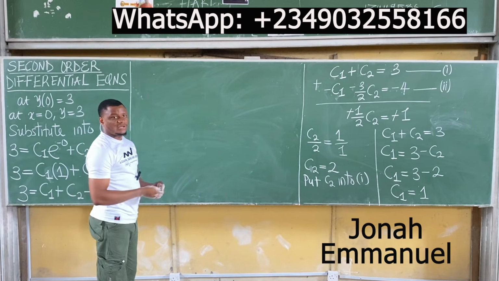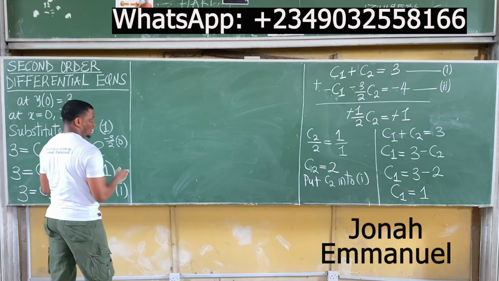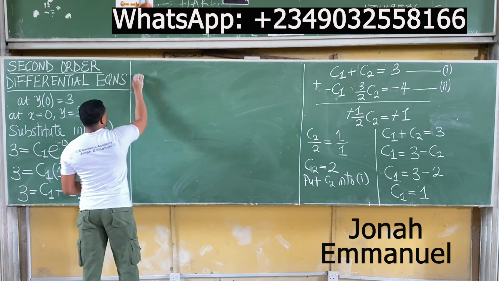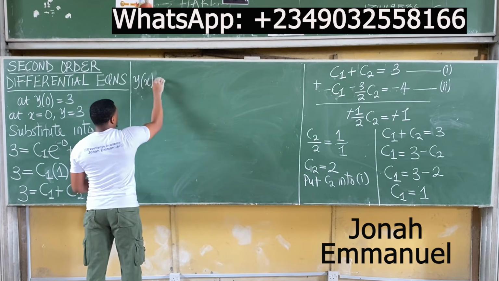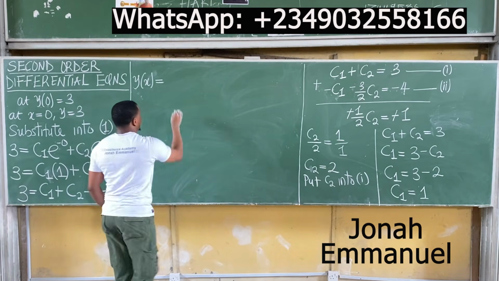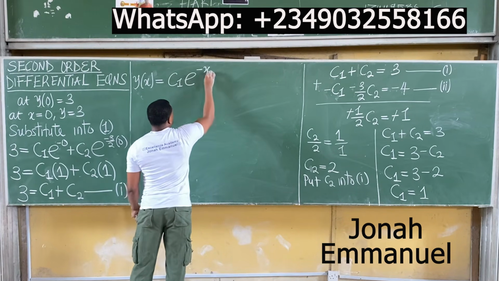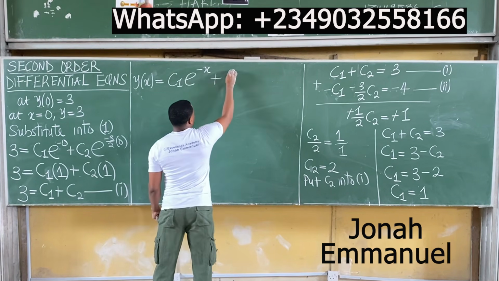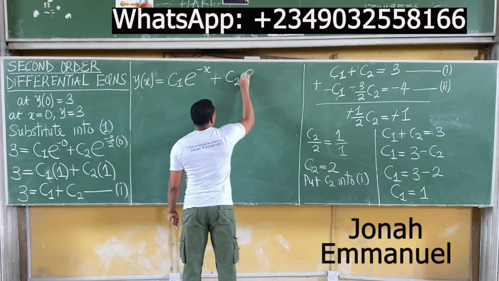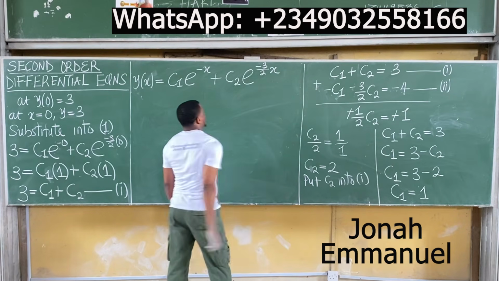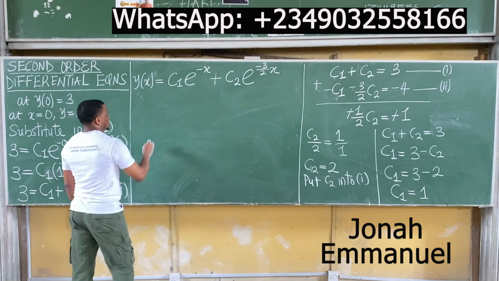Please go back to equation 1, where we had the value of what? Y of x. From equation 1, we said that y of x is equal to, what's the value again? C1 exponential minus x plus C2 exponential minus 3 over 2x.